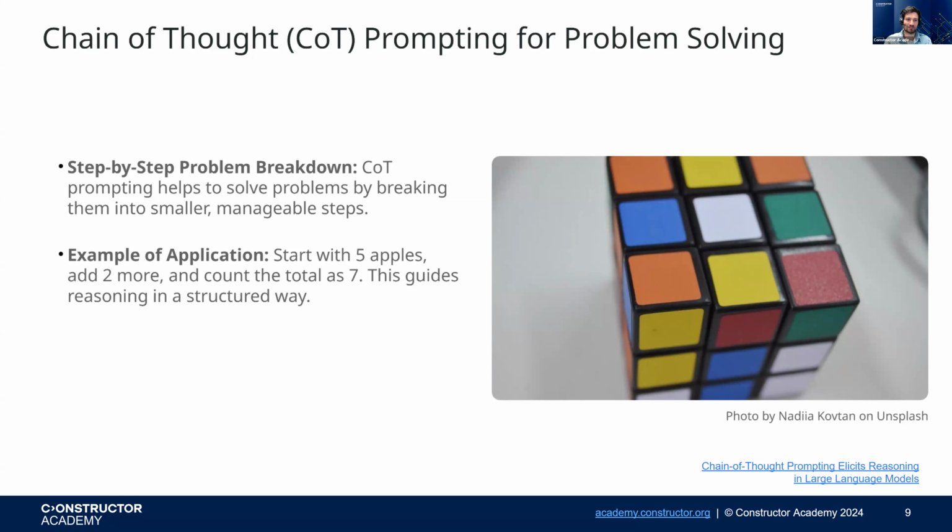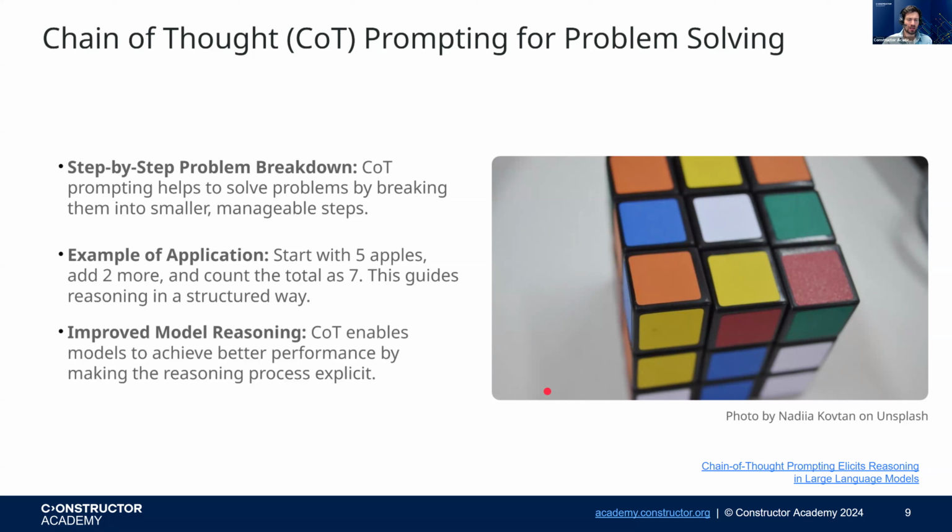Okay, this is basic, but I'm guiding the model to do some structured reasoning. And this is something that really improves the model's reasoning. This is something that is used a lot in the industry, and you will have way better performance adopting this technique.